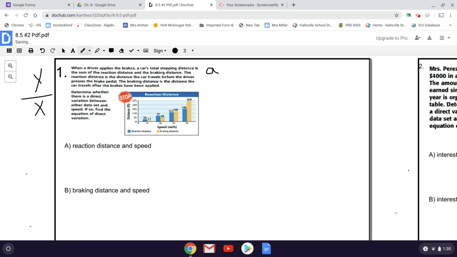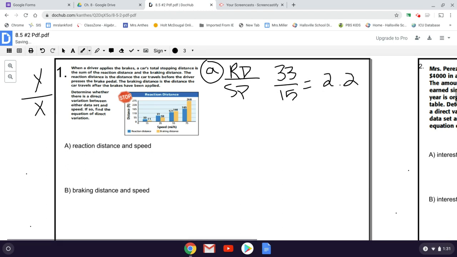So for the first part of the problem, we are looking at the blue numbers. So we're looking at reaction distance. I'll just put RD versus the speed. So if we were to calculate some of those to find the ratio, we need to see if the ratio is the same. So we could start with like 33 over 15, and that would give us 2.2.